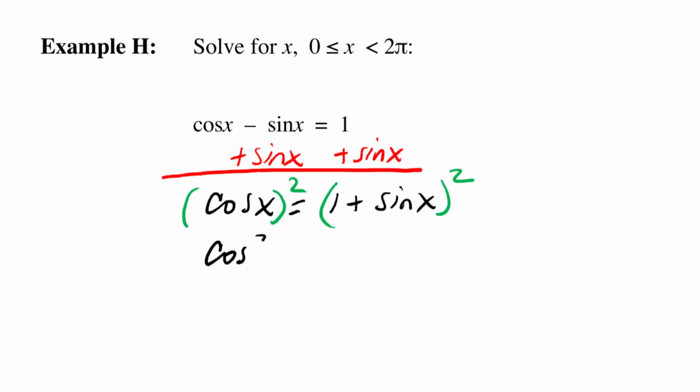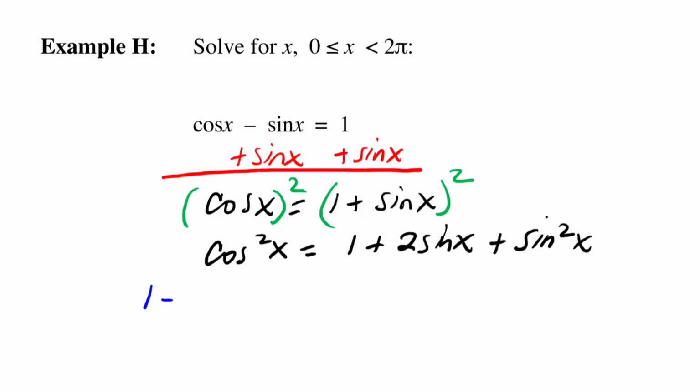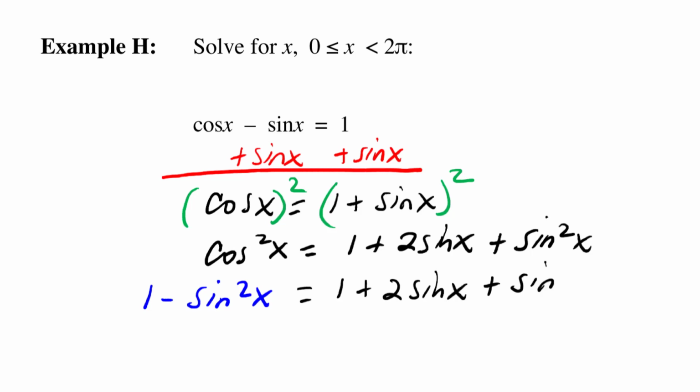Cosine squared x equals 1 plus 2 sine x plus sine squared x. Now we have two different functions, sine and cosine, but we have cosine being squared. So we can use the Pythagorean identity 1 minus sine squared x. And that then is equal to 1 plus 2 sine x plus sine squared x.